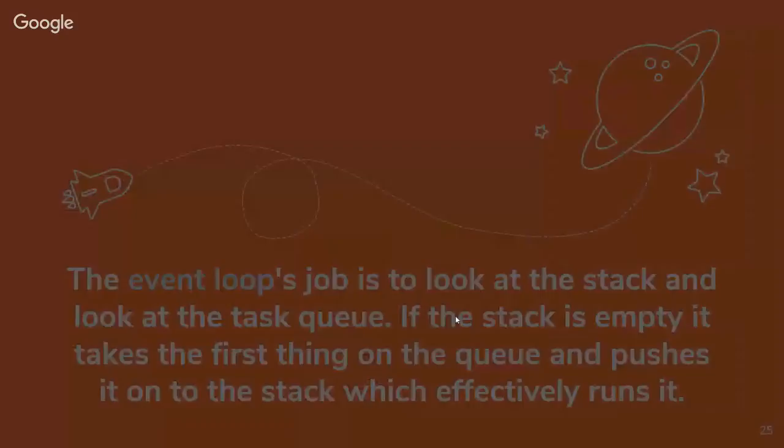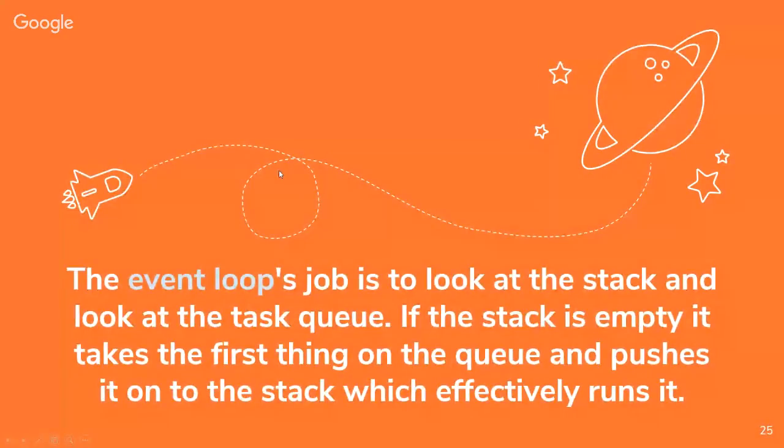So the event loop's job is to look at the stack and look at the task queue. If the stack is empty, it takes the first thing on the task queue and pushes it onto the stack, which will effectively run it.